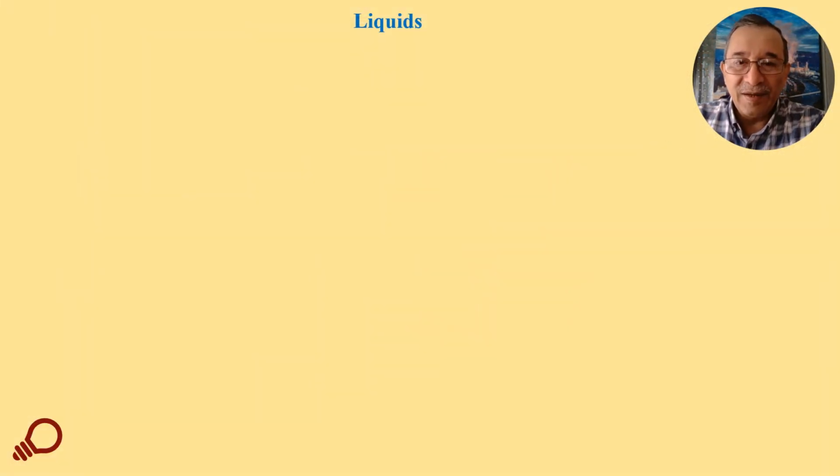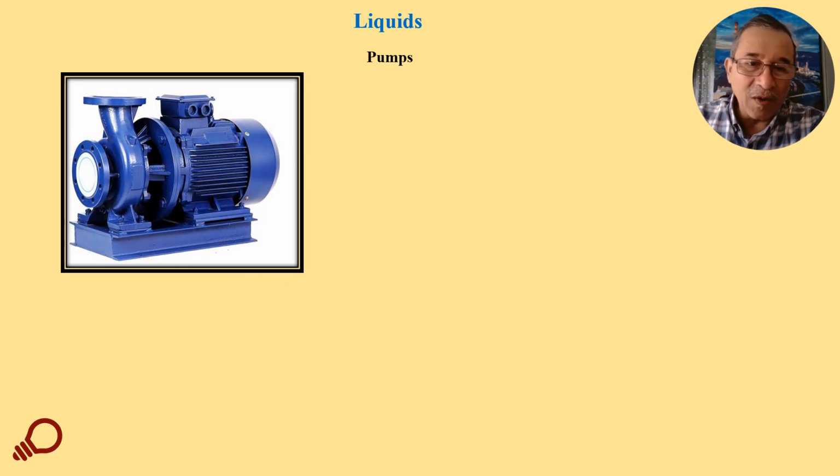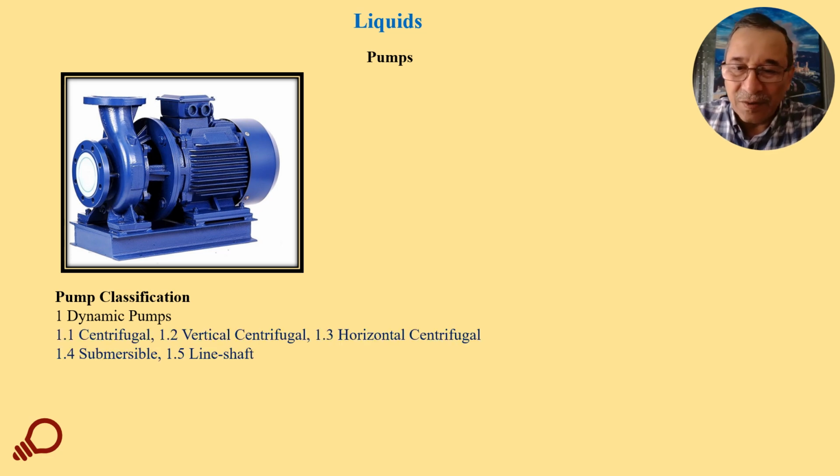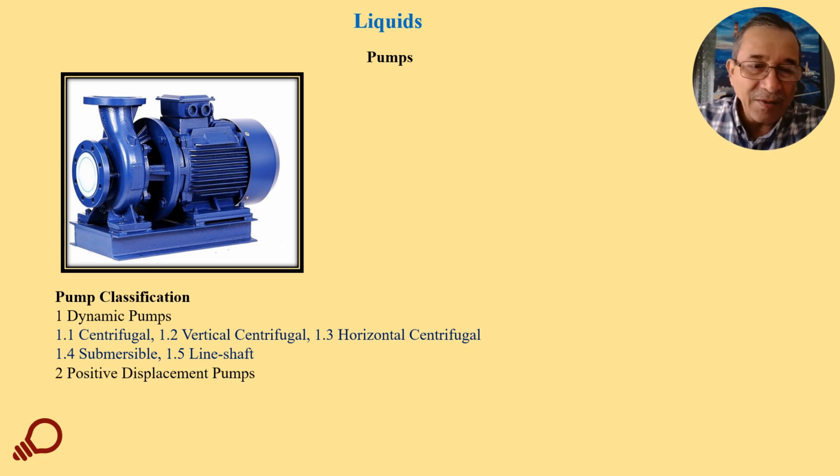We need pumps, in fact, to convey liquids. For example, we have this type of pump which is used in industry to convey liquid, and these pumps can be classified into dynamic pumps, which are mostly centrifugal, and positive displacement type, which cover the reciprocating and rotary types.